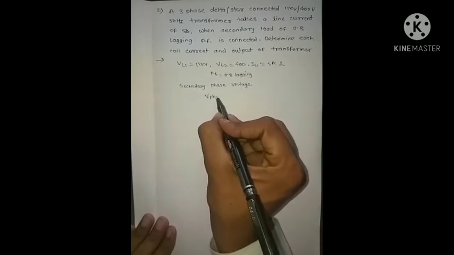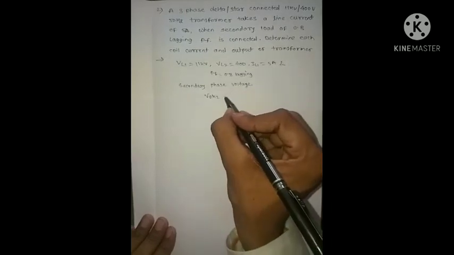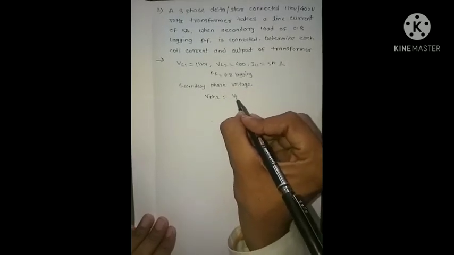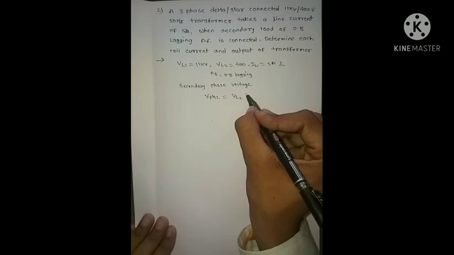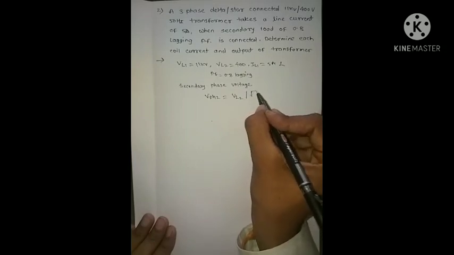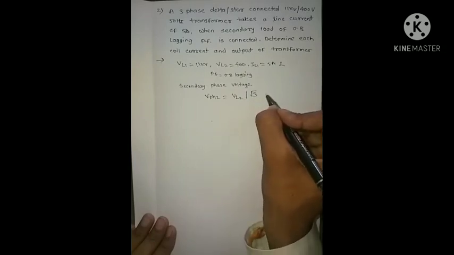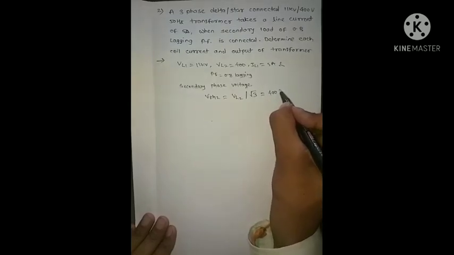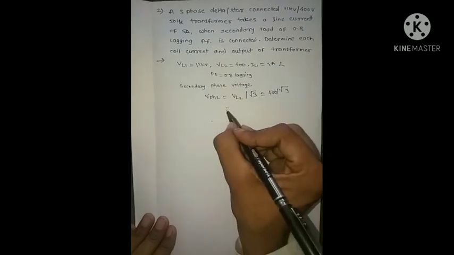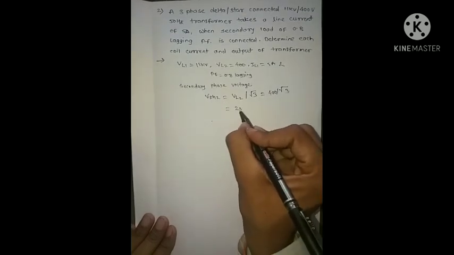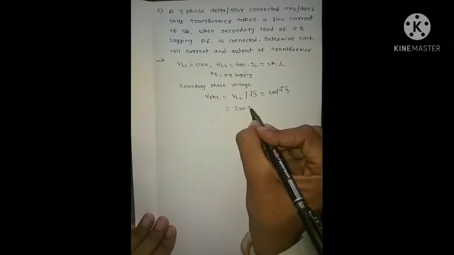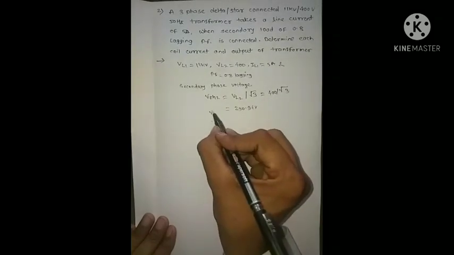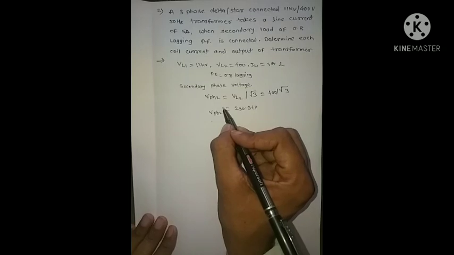The formula for VPH2 is VL2 divided by root of 3, and the answer is 400 divided by root of 3 equals to 230.94 volt. This is our VPH2.